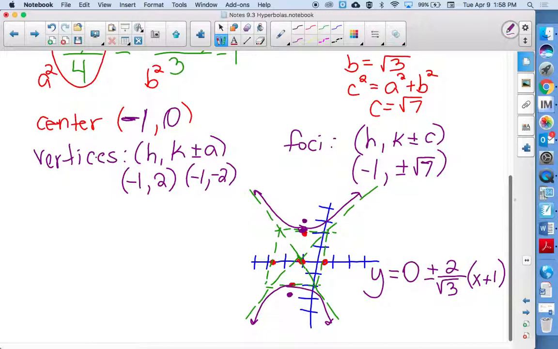I feel like if you don't rationalize it, if it was rationalized, the 2 square root of 3, would that also be right as a line? So for every 3, it would go up 2 square root of 3. Well, 2 square root of 3 is going to be at the top. Yeah. So it's going up 2 square root of 3 and over 1.